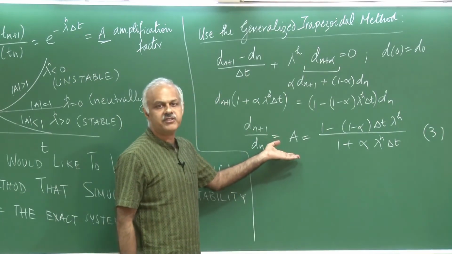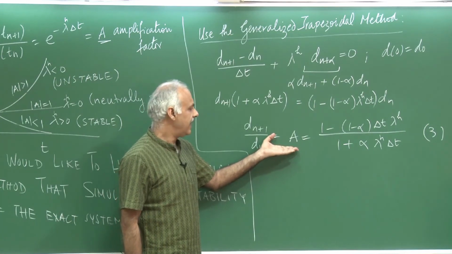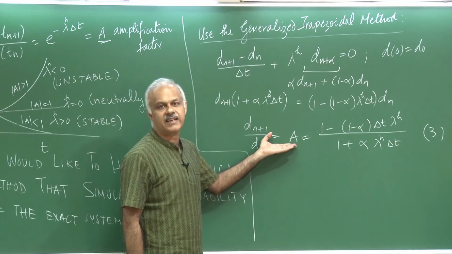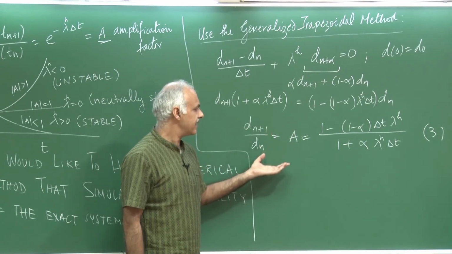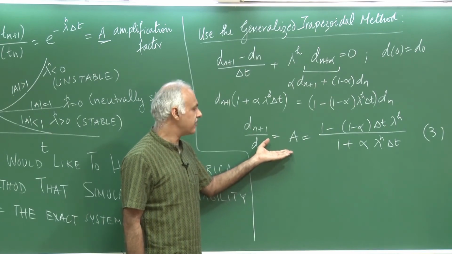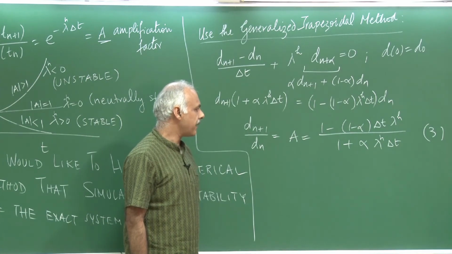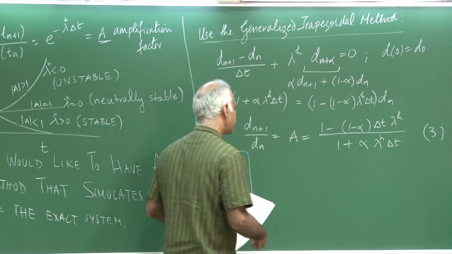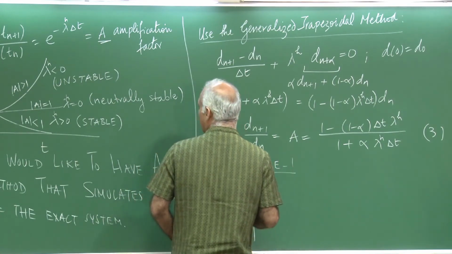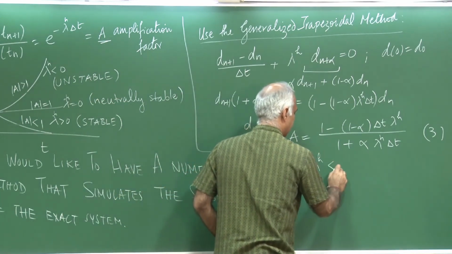Good. So, now I have a definition of an amplification factor from my numerical algorithm, and I can compare it to what I get from the exact solution. And the hope is that they behave similar to each other. So, let us first check case 1. I would like to see what happens when lambda h is less than 0.